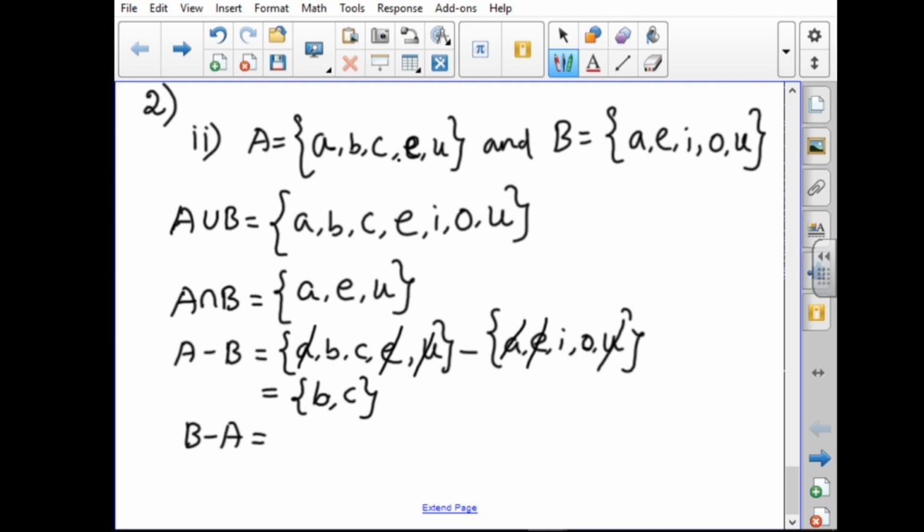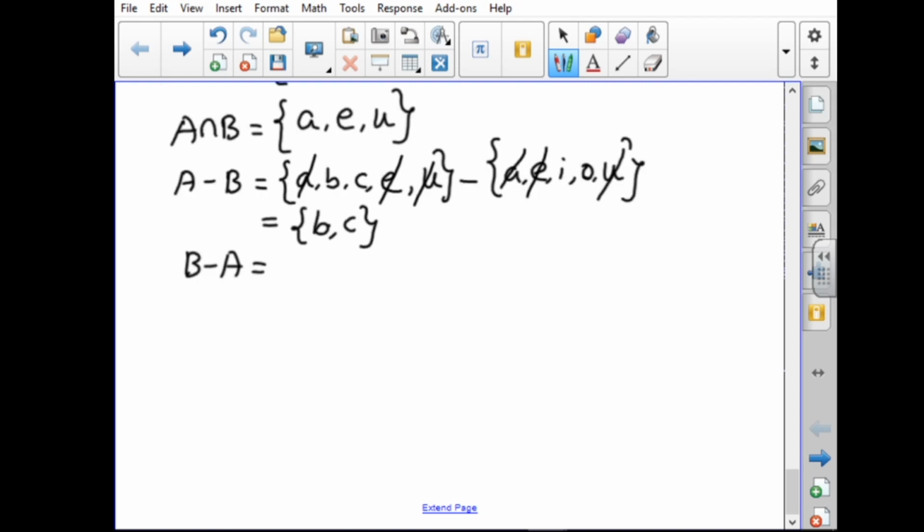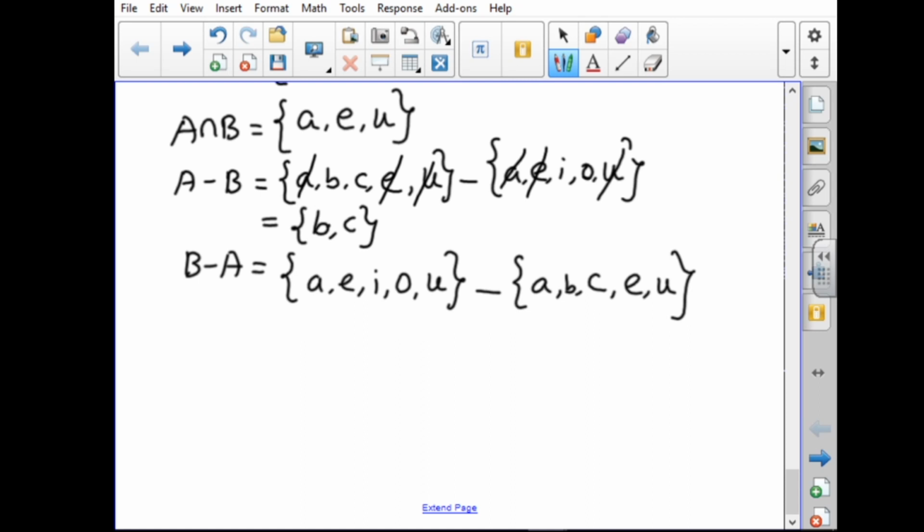Then B difference A. First you should write the B elements: A, E, I, O, U. Then next you should write the A elements, that is A, B, C, E, U. Now you have to strike out any elements of A that are there in the B elements.